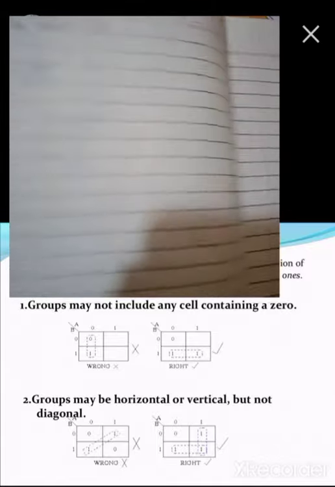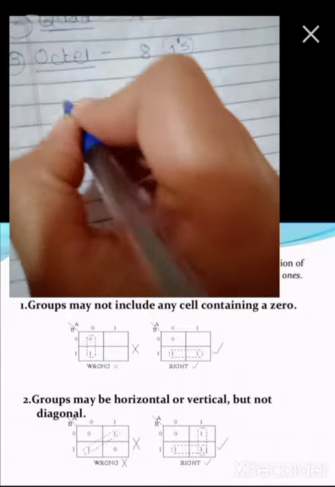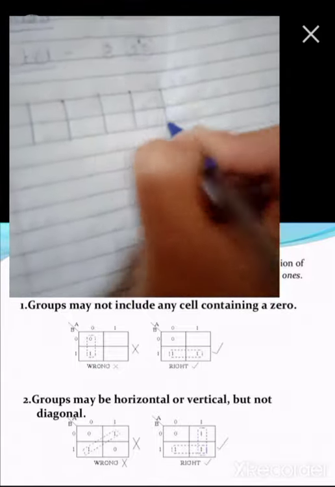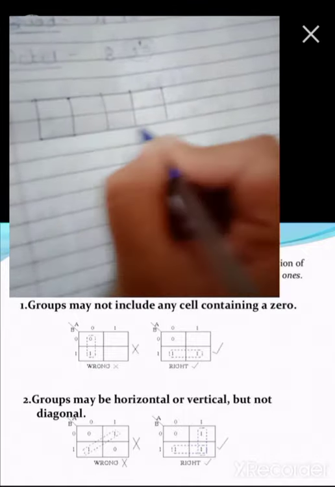Then we'll see how to do the grouping. Now the example is given like this. A K-map is given to you. This is a 3 variable K-map.